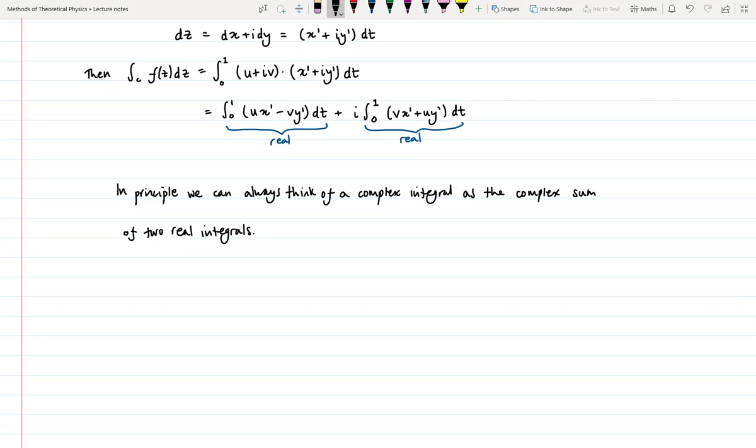Similarly to our discussion of the triangle inequality in topic 1, we can bound the magnitude of complex integrals. Now suppose the integrand, our function f of z, satisfies this relation.